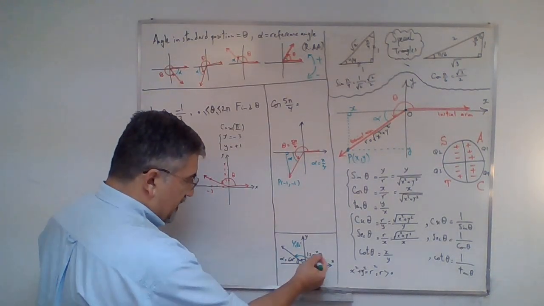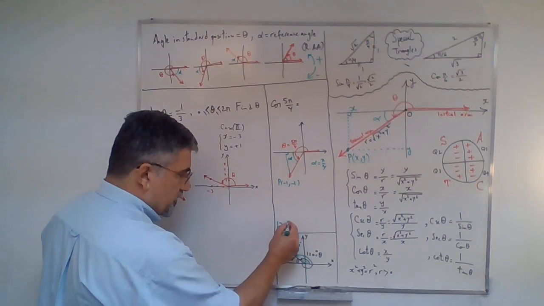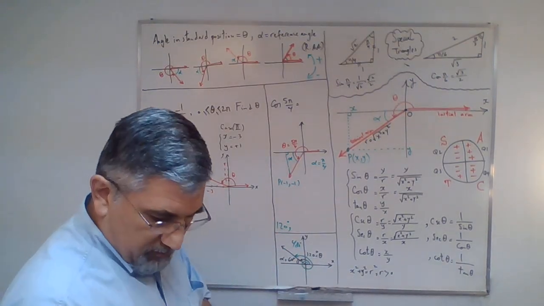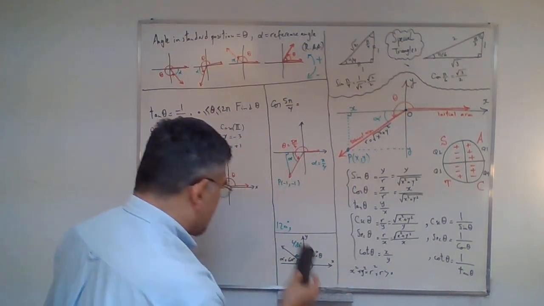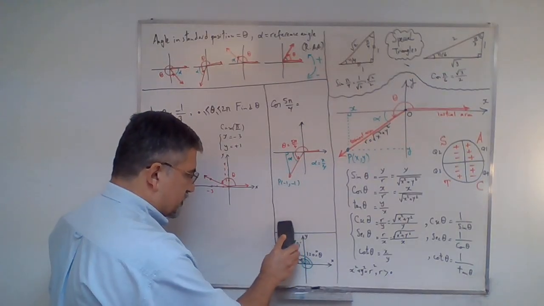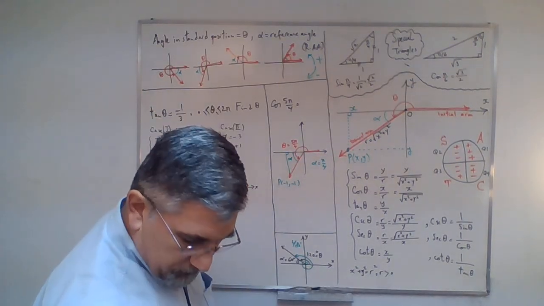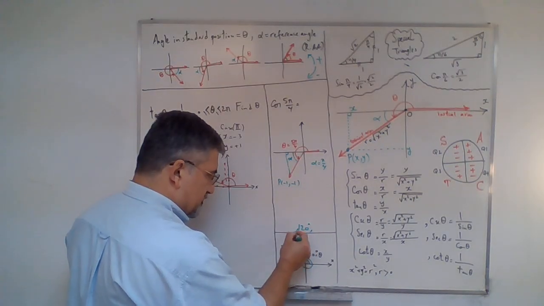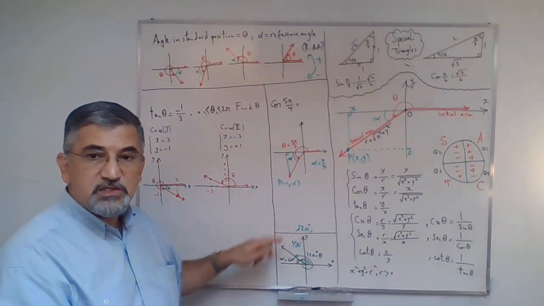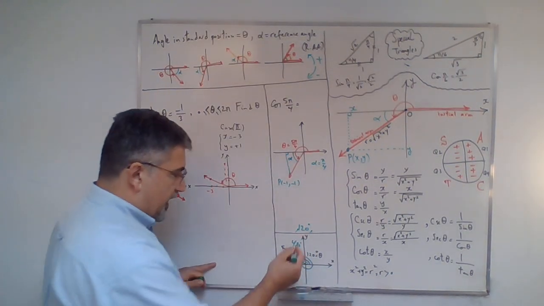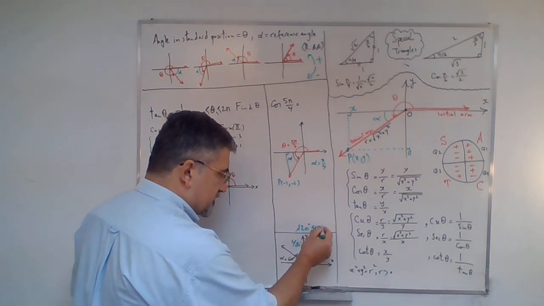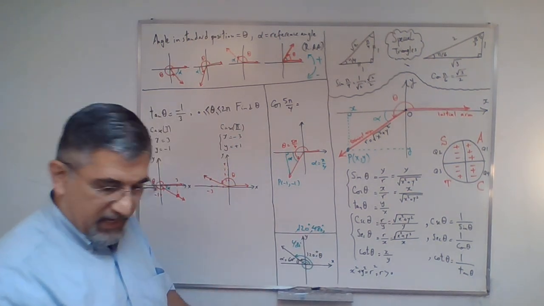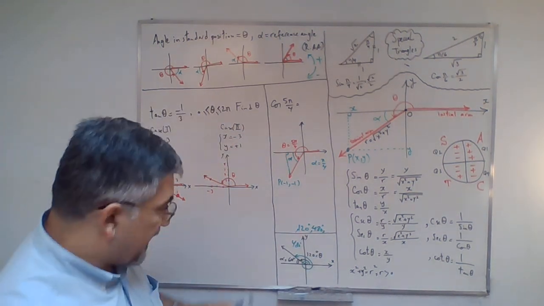So right now, 120 degrees is our principal angle or angle in standard position. And if I'm adding another 360, that's one full revolution, I get 480 degrees, which is the first coterminal angle I find for this angle.